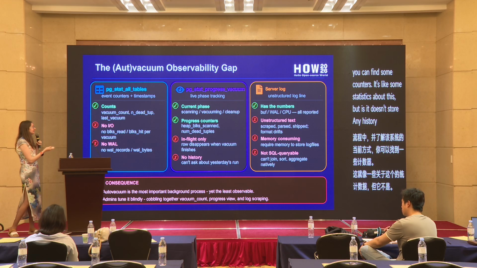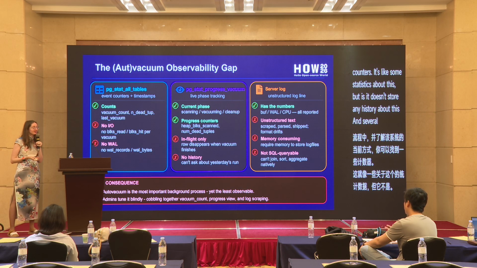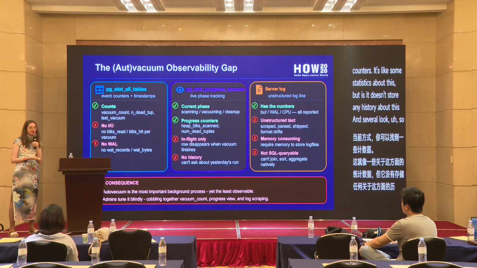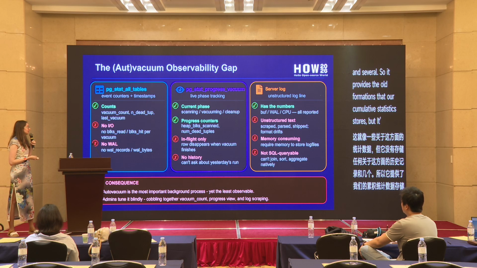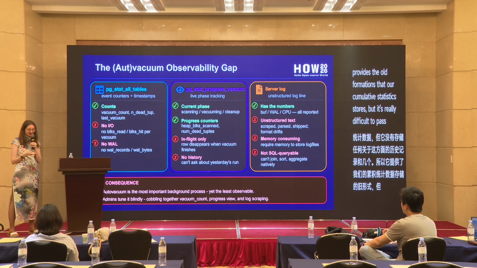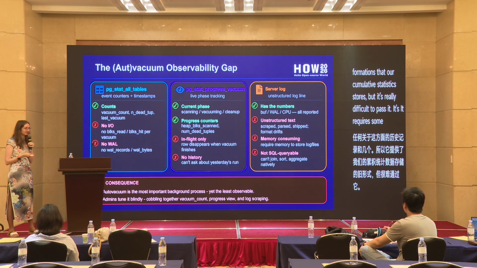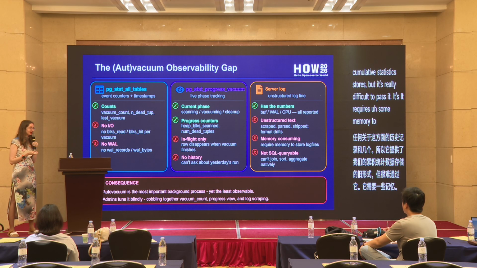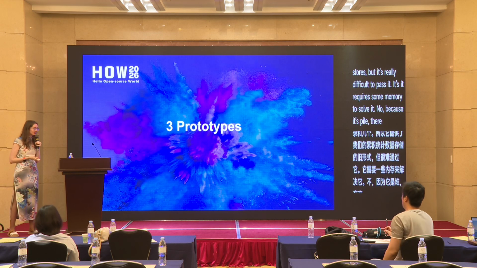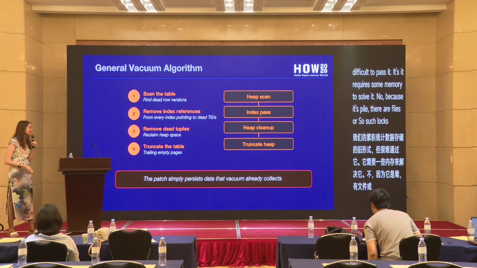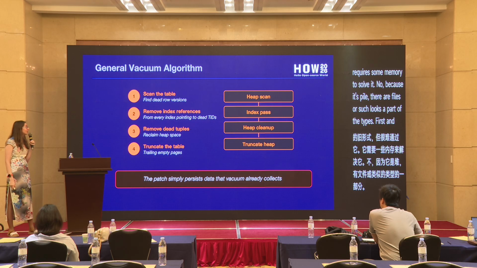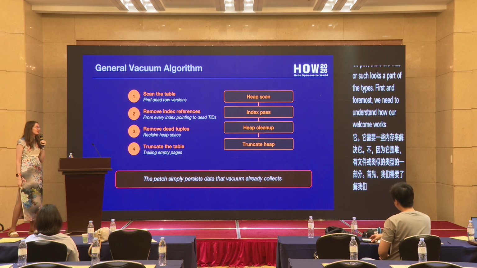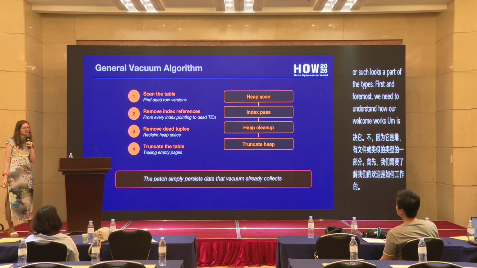And the server log provides all information that our cumulative statistics stores, but it's really difficult to parse, and it requires some memory to process, because there are files with such logs. So, 3 prototypes. First and foremost, we need to understand how our vacuum works. There are 4 steps generally.